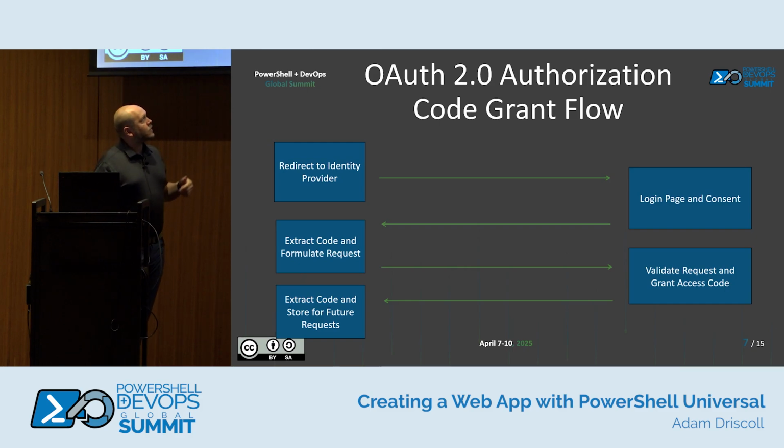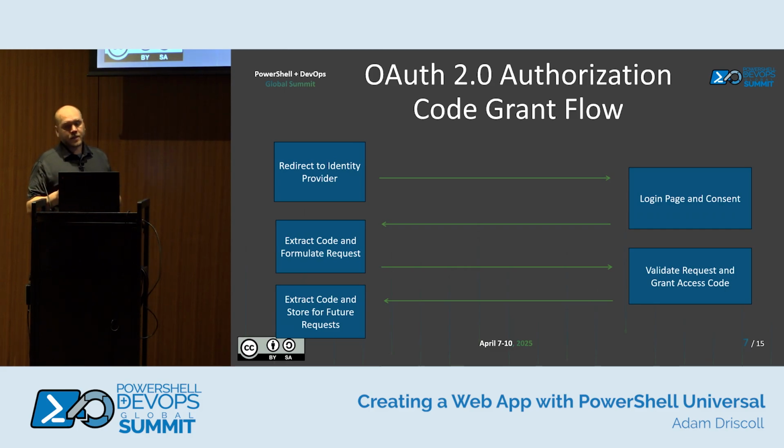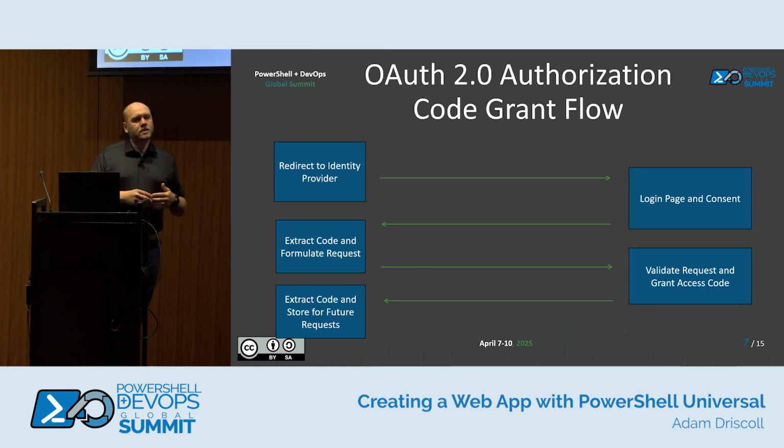So we're going to ask for the User.ReadWrite scope to be able to retrieve and update users inside Entra ID. Once they log in and consent, it's going to redirect back to PowerShell Universal, where we'll set up an API where we can extract the code and formulate another request to actually get the access token.